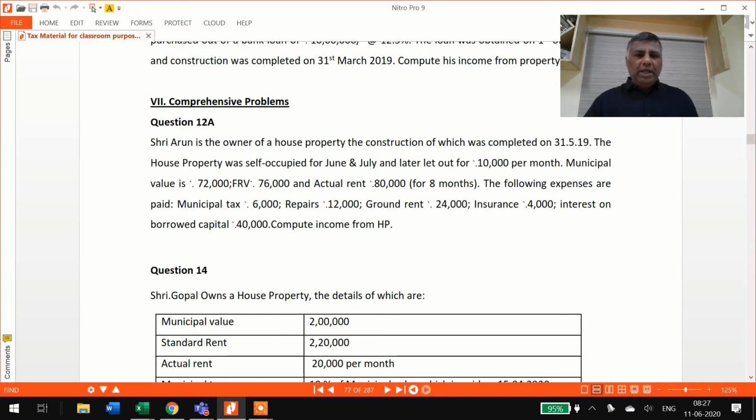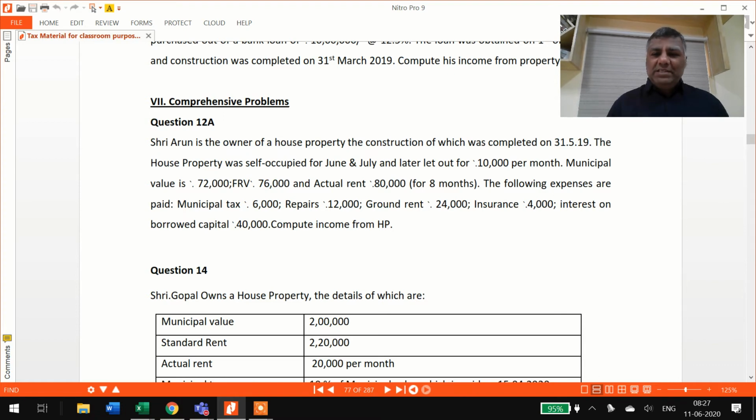See, Arun is the owner of a house property, the construction of which was completed on 31/5/19. The house property was self-occupied for June and July, later let out for 10,000. MV, FRV, SR. Whenever there is no standard rent, the answer becomes all the more easy.